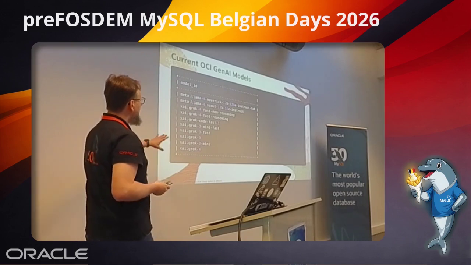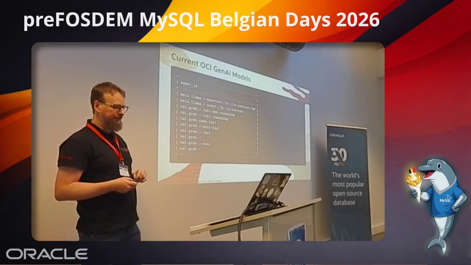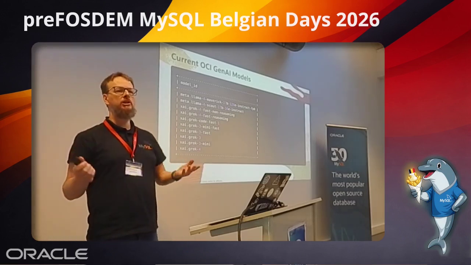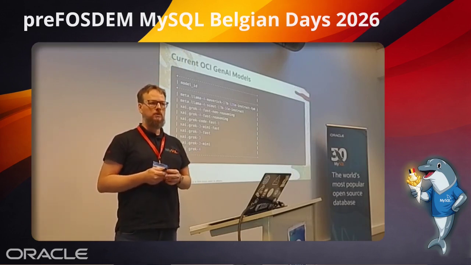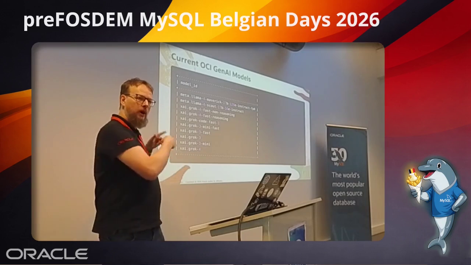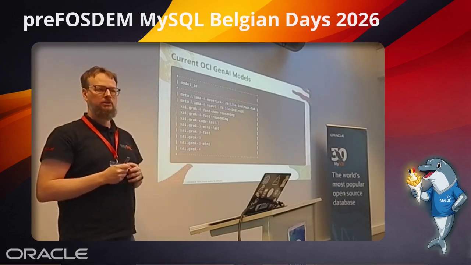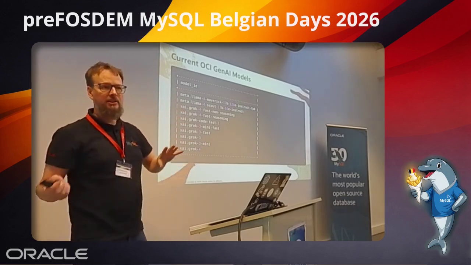So here are some models we have, for example, in OCI GenAI. So what can you see directly like that? There is something that is obvious compared to the ones I showed you earlier that were in HeatWave. GPU? Yeah, you don't see it's GPU here so far, but it is there.